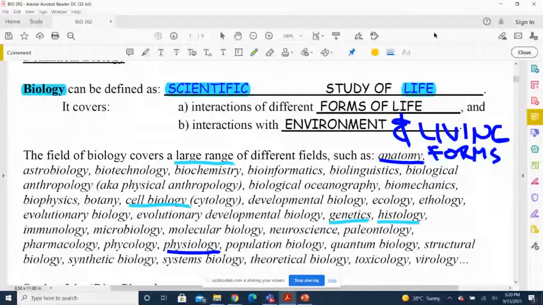We're looking at a larger scale than just cells and genetics. On that, we pay attention to things such as developmental biology and evolution. We'll talk about evolution, how that works. We'll look at various different populations or systems, how they all come together and work together.